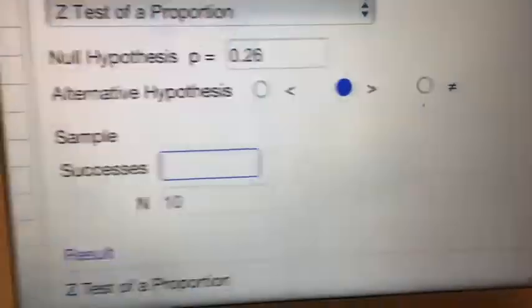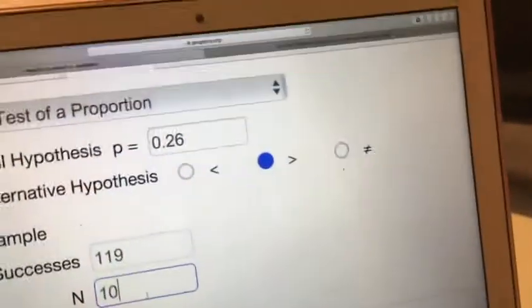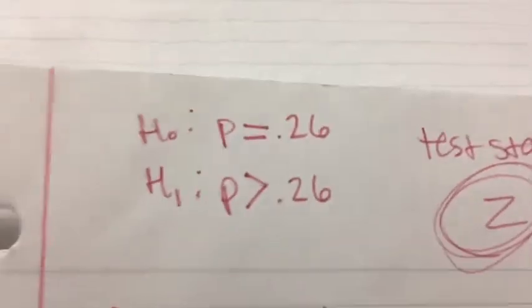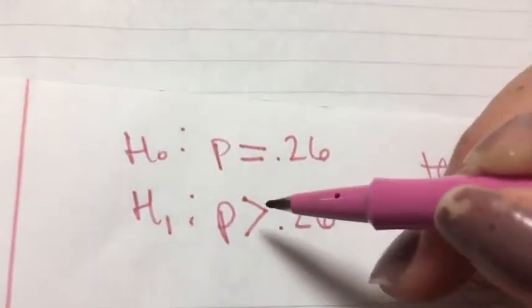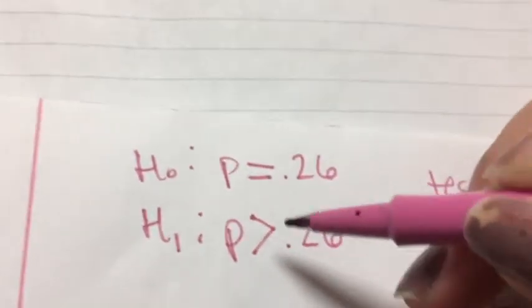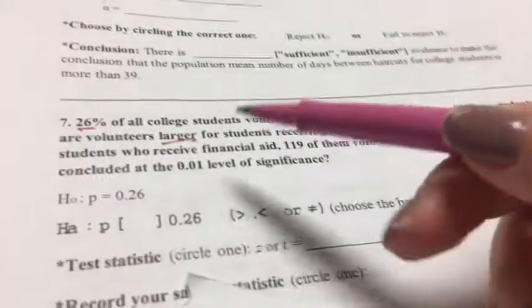And I find that I had 119 successes out of 446. And I set my researcher's hypothesis as a more than symbol because, again, they said larger. So I'm going to be using this tail right here.